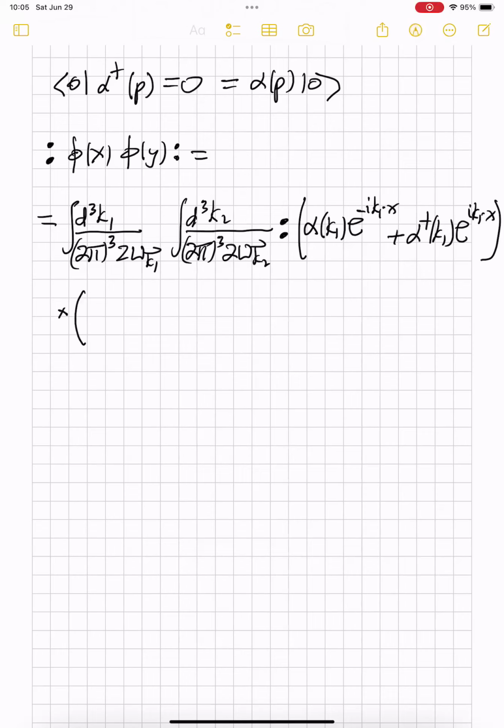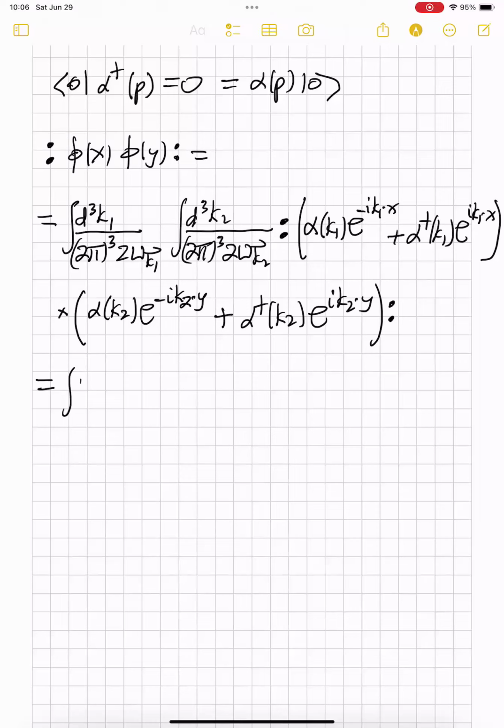It is one formula that's worth memorizing and having at your fingertips. Then for the second field, the field at y, we'll have alpha of k2 e to the minus I k2 dot y plus alpha dagger of k2, and we'll have e to the I k2 dot y. Okay, and this is normal ordered. So what is this equal to?